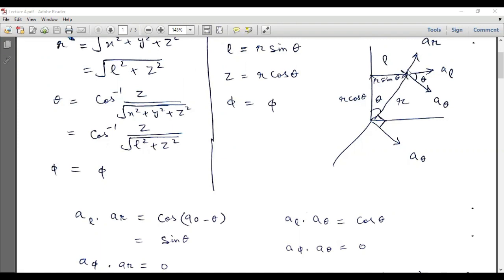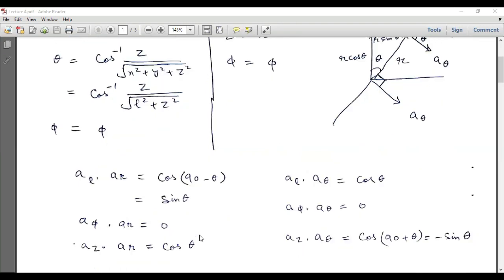So the angle between AR and A rho is actually this angle, and this angle is equal to this angle, right? And this angle can be evaluated by considering that the sum of all the angles in a triangle is equal to 180 degrees. So this is 90 degrees and this is theta, and this is the unknown angle, and this unknown angle will be equal to 180 minus 90 minus theta. So this unknown angle will be equal to 90 minus theta. So a rho dot ar is equal to cos of 90 minus theta, and it will be equal to sin theta.